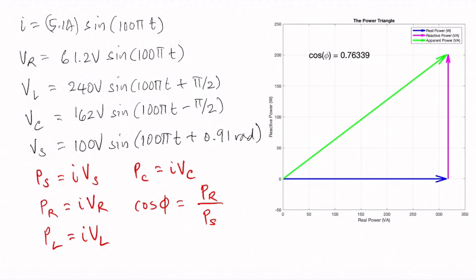And by using MATLAB, I was able to draw this power triangle where you should see the real component of the power shown as the blue phasor, the reactive power shown as the magenta phasor, and the apparent power shown as the green phasor. And from there we were able to compute the power factor to be equal to 0.76.